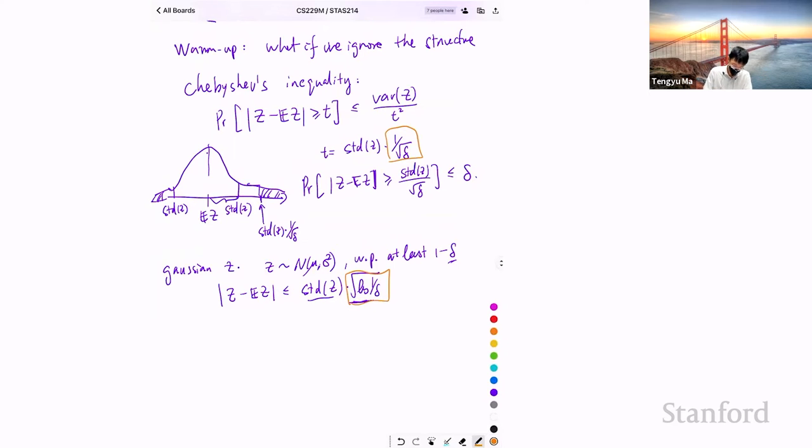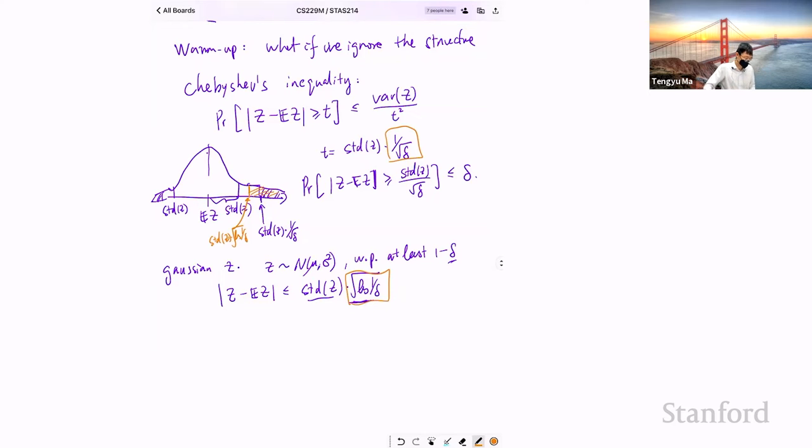So suppose this is Gaussian, you only have to consider standard deviation of z times square root of log 1 over delta. Then you know that the rest of the part has probability less than delta. But if you don't know it's Gaussian, then you have to be a little bit more generous in terms of the interval that you draw.